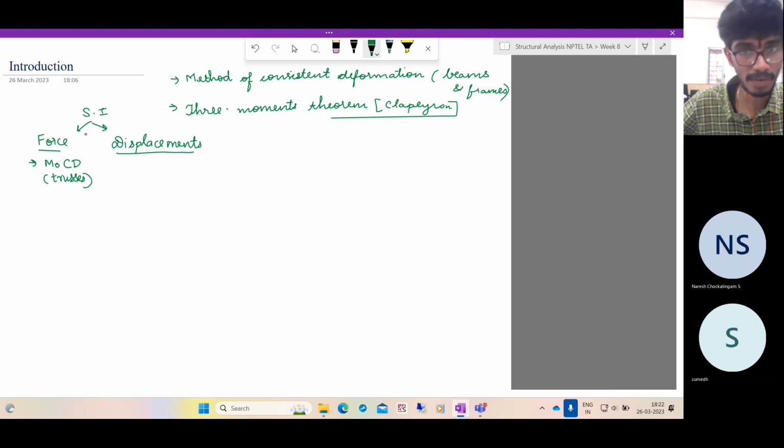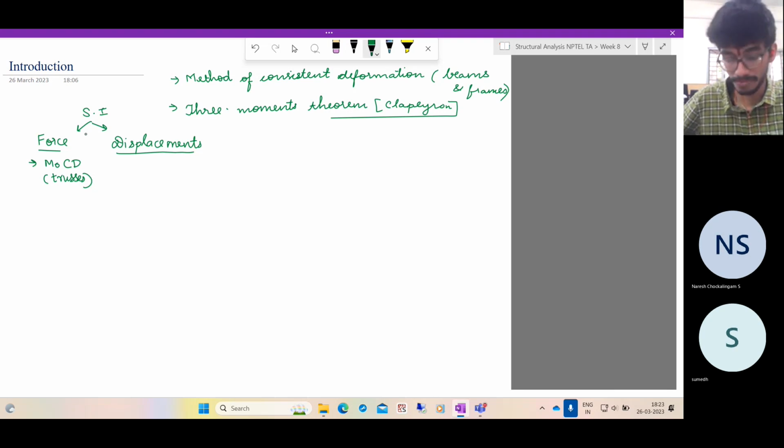We came up with a primary structure, which is statically determinate and stable, and then determined the unknowns by enforcing the compatibility equations. Today, we'll be doing the same thing for beams and frames. The concepts are exactly the same. What is different is only the application. The degrees of freedom in a beam are slightly different. Apart from that, the overall concept is exactly the same.